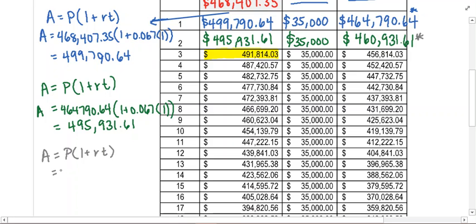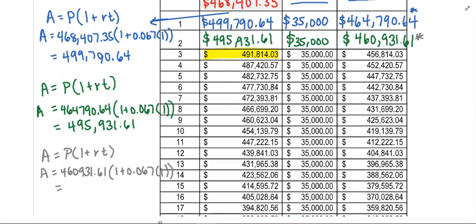$460,931.61 sits there for a 1-year time frame earning interest. So we're going to multiply this by 1 plus 0.067 times 1. Let's go figure this out.